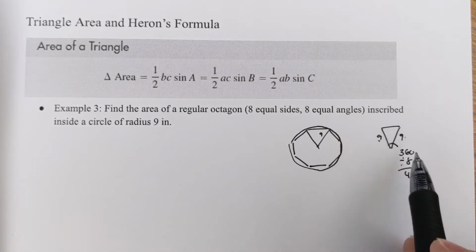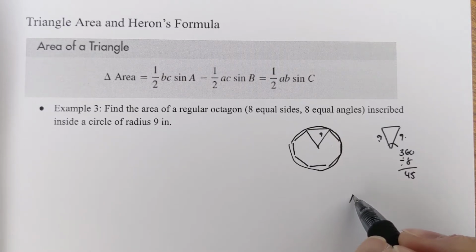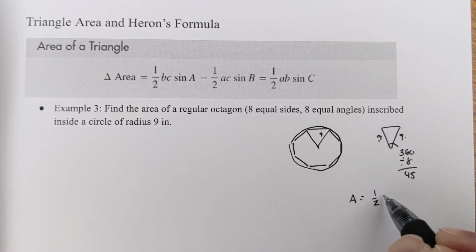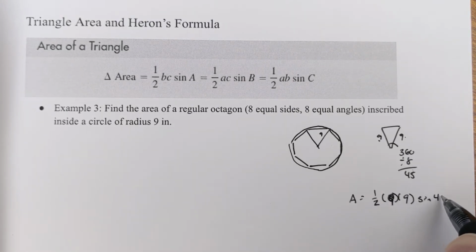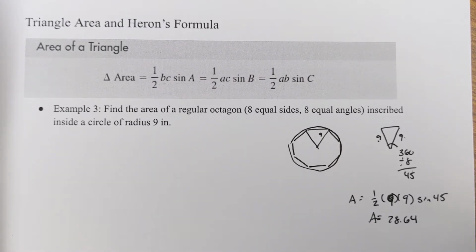So I have two sides and the included angle. So the area is equal to 1/2 the product of the sides times the sine of the angle. So 0.5 times 9 times 9 times sine 45. So the area of that wedge is 28.64, we'll call it.